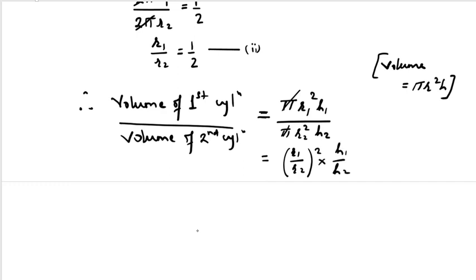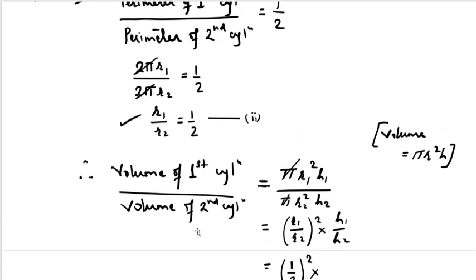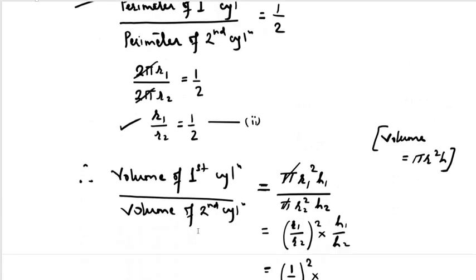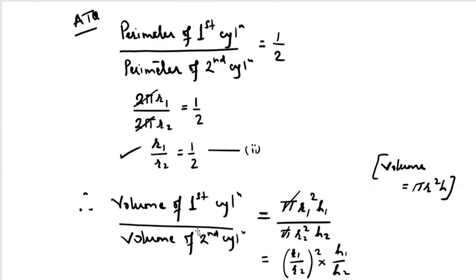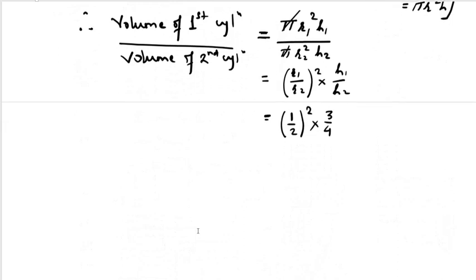We can write this. Okay, now r1 by r2 from here is 1/2. Square into what is h1 by h2, 3/4. Okay, h1 by h2 is 3/4. Is it so? Yeah, 3/4.